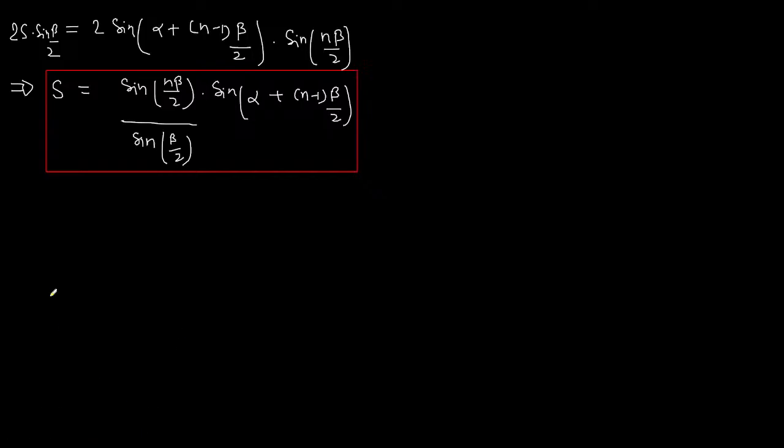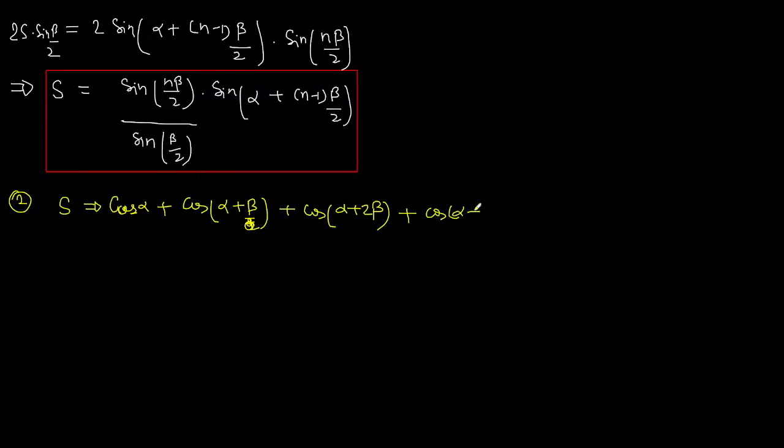If we have the summation S equal to cos alpha plus cos alpha plus beta, cos alpha plus 2 beta, cos alpha plus 3 beta, plus dot dot plus cos alpha plus n minus 1 beta.